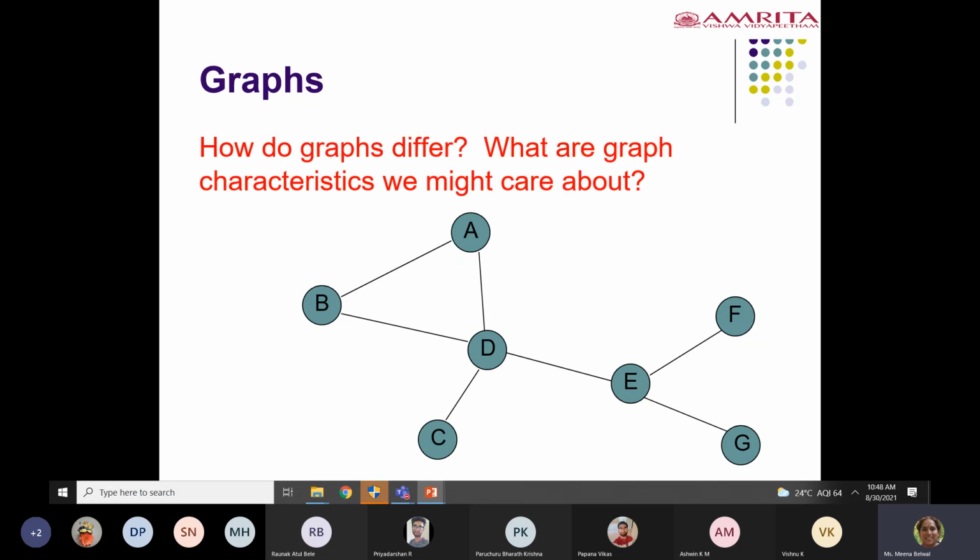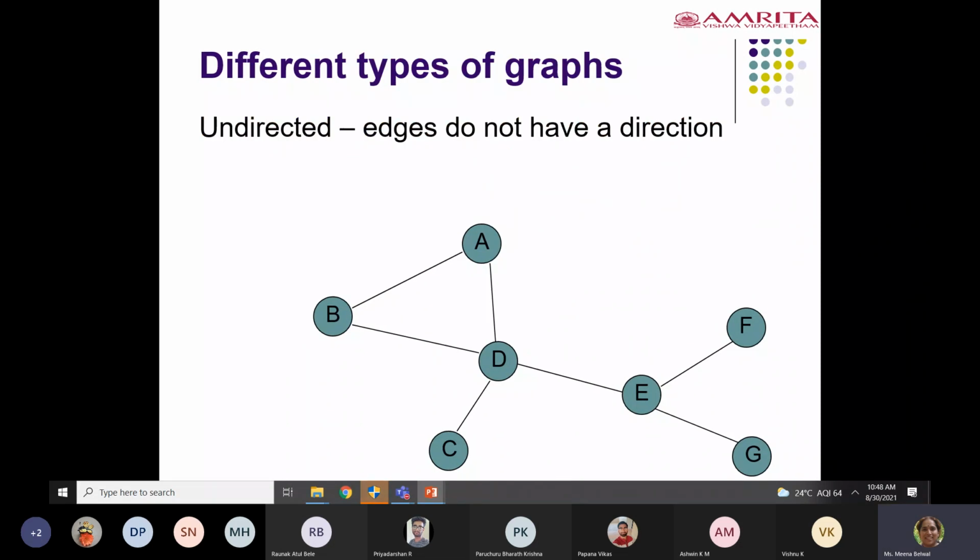So how do graphs differ? Graphs can be classified in various ways. What are the graph characteristics we might care about? First we will talk about undirected graphs. Undirected graphs are graphs wherein edges do not have a direction.